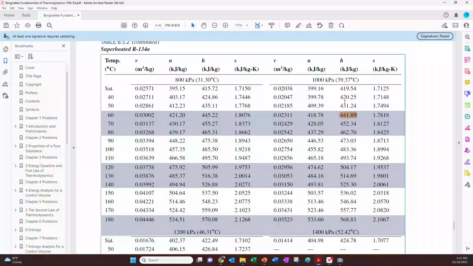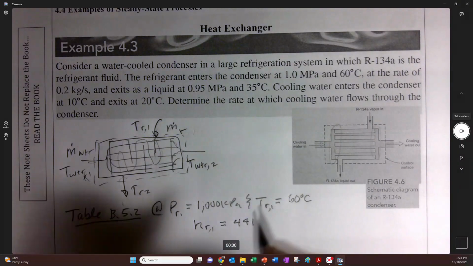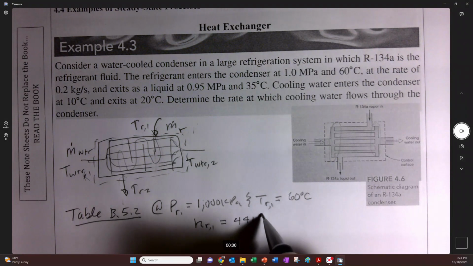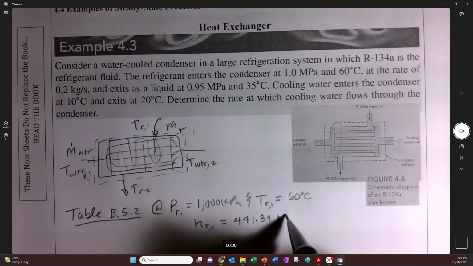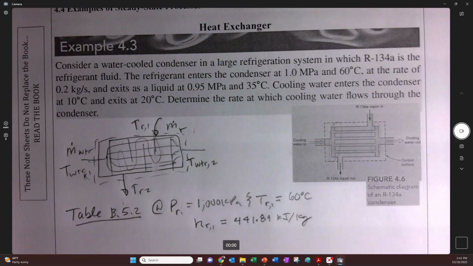We have HR1 equal to, I'm looking for this thing, sorry, 441.89, and these are kilojoules per kilogram. Okay, great.